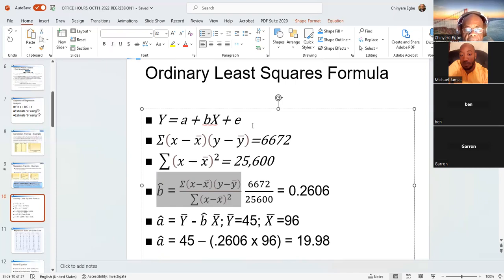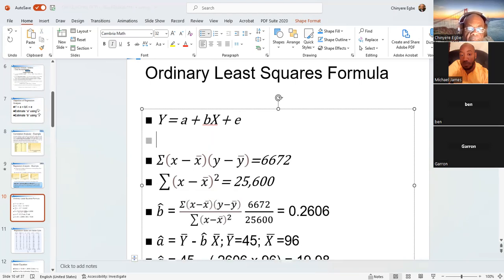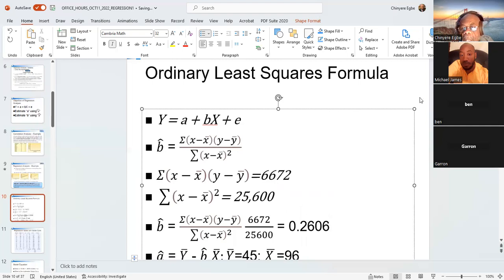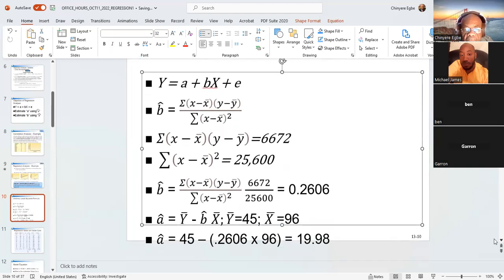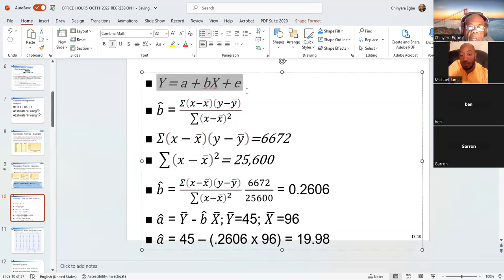You do not know yet how to derive the equation. If you were doing Econ 474, you will learn how to derive the equation, or maybe even not, okay? But if you solve this equation the way it is solved statistically, this is how you estimate the B hat.